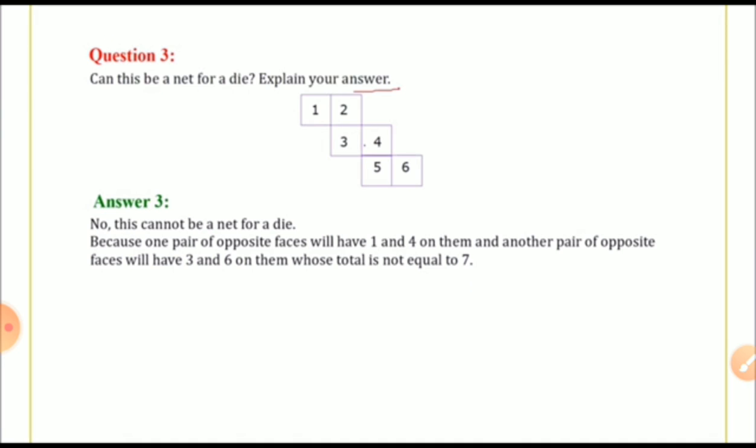Suppose you fold 1 on 2, then fold 3, and then turn on the 4 opposite to 1. Same way, on the top side also you are having the problem. You cannot make it a total 7. That's why we can say this is not a perfect dice.